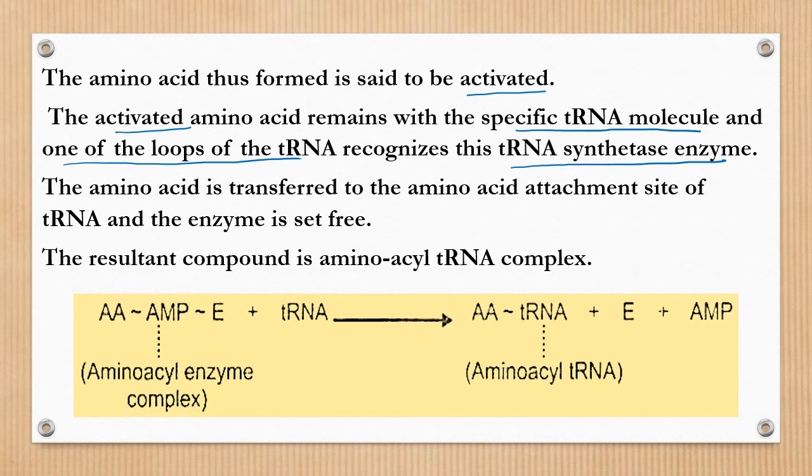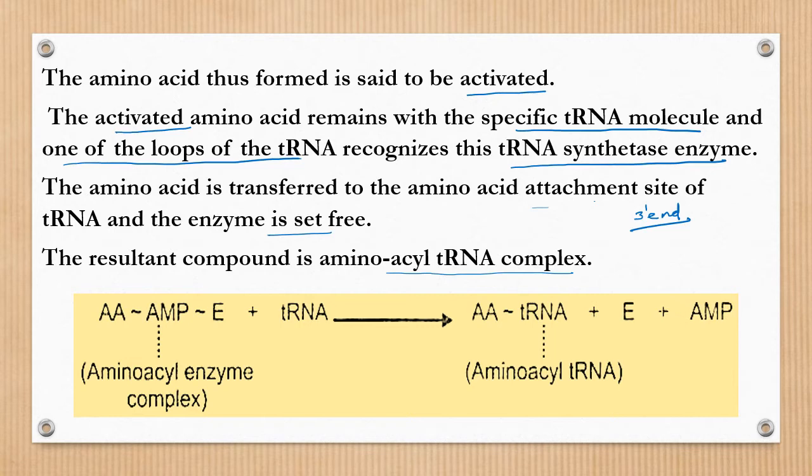Now the amino acid is transferred to the amino acid attachment site of tRNA, which is the 3' end, and the enzyme becomes free. The resultant compound is the amino acid tRNA complex.